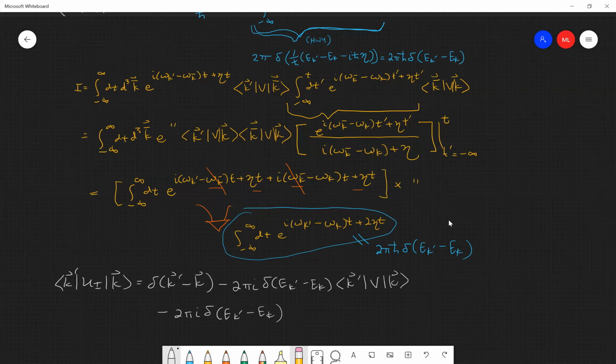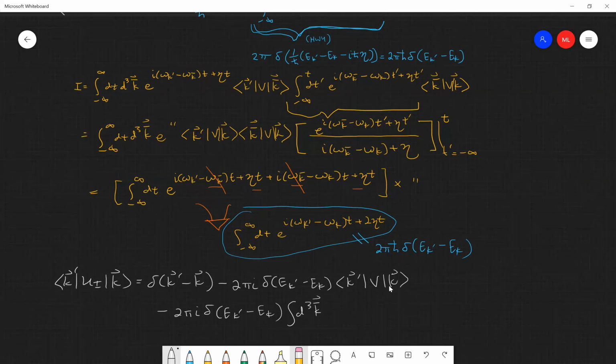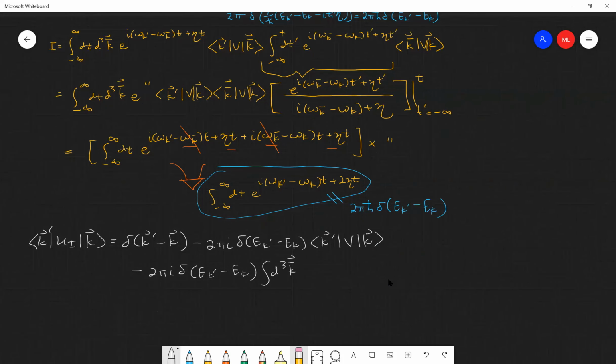And then you have the leftover integration over k bar for the second order term. And what's in that is two matrix elements, so this is k prime V k bar, and k bar V k.